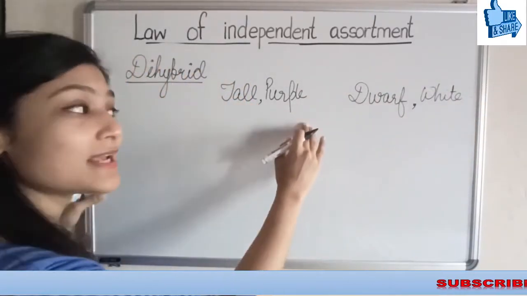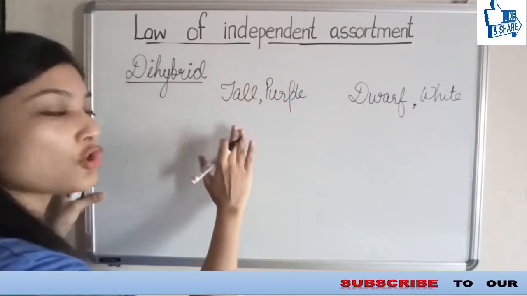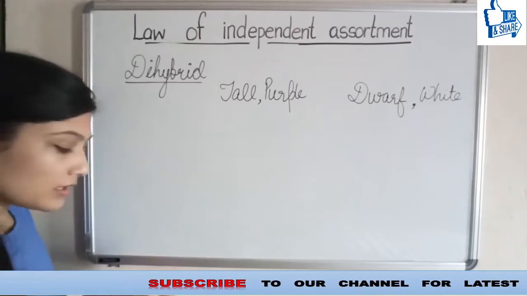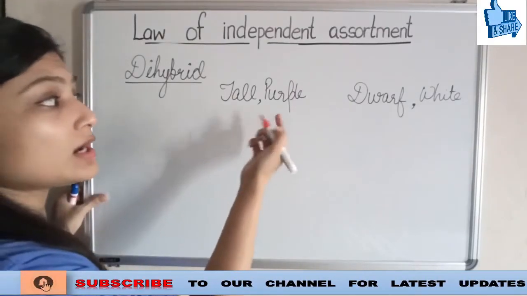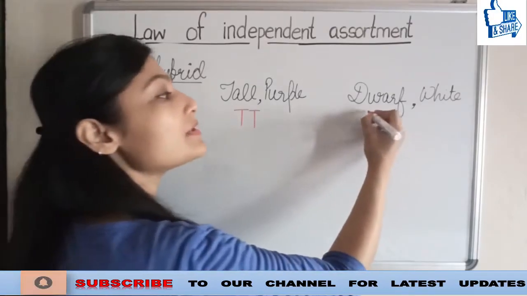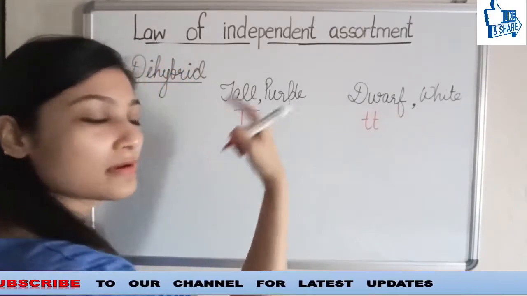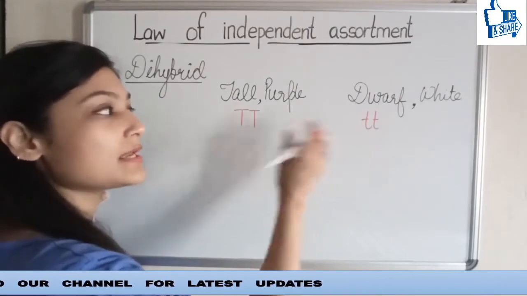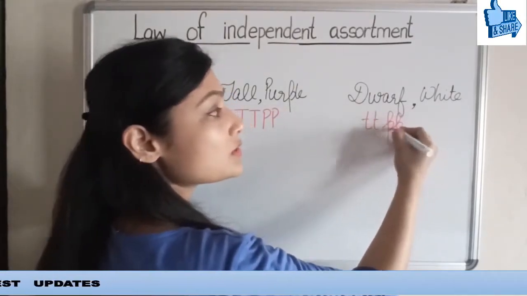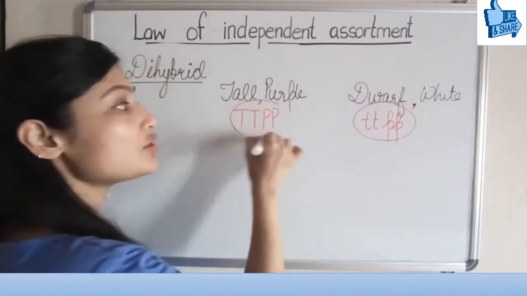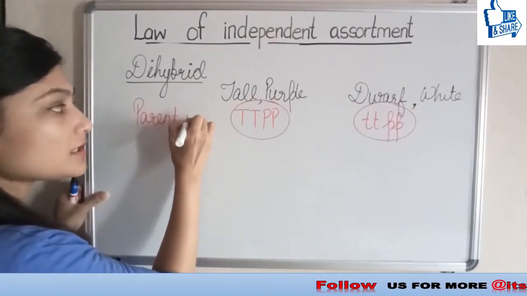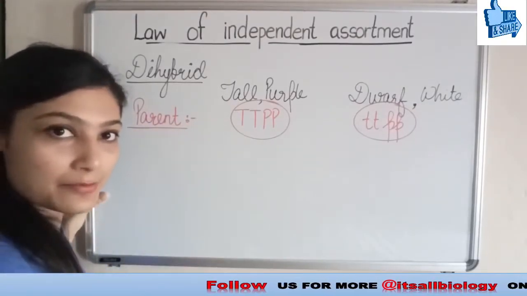I have written it like this because these are dominant and these are recessive. The dominant ones are represented with a capital letter and recessive ones with a lowercase letter. Same with the other trait. So this is the genotype of parents that I am getting for a dihybrid cross.